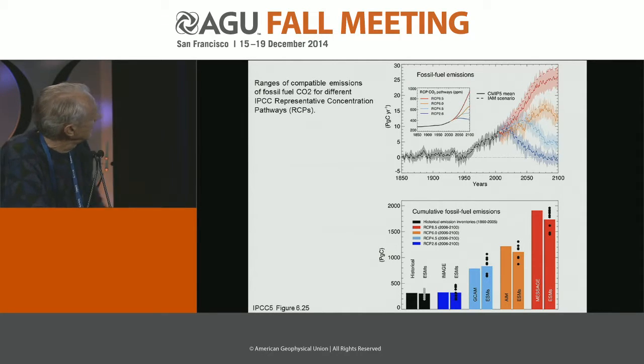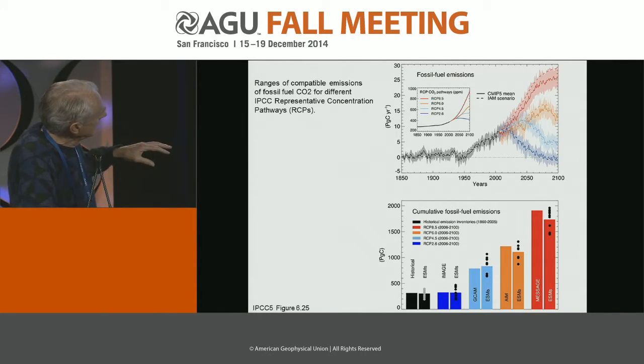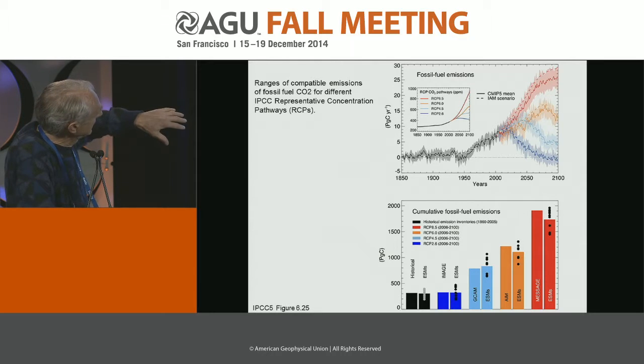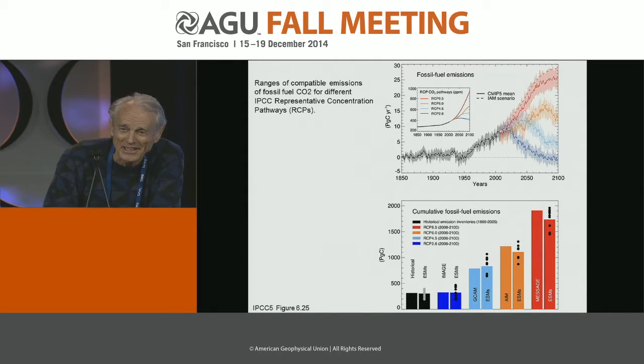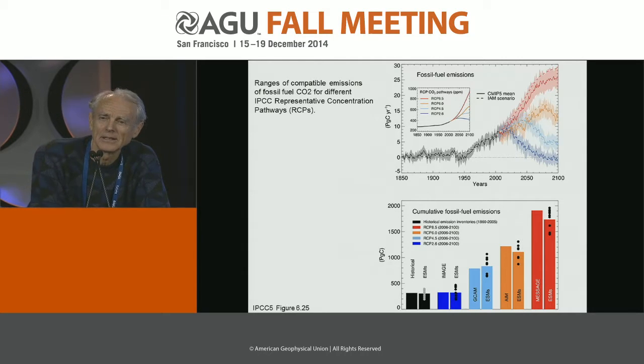By the way, the historical record is portrayed in the gray curve until 2006. There's also fuzziness about it. This is funny. Basically, we know, of course, exactly what the pathway was.